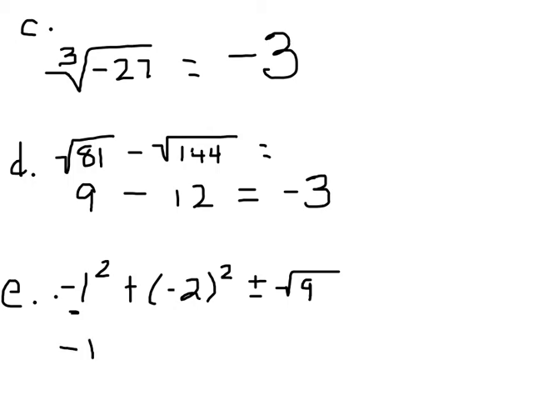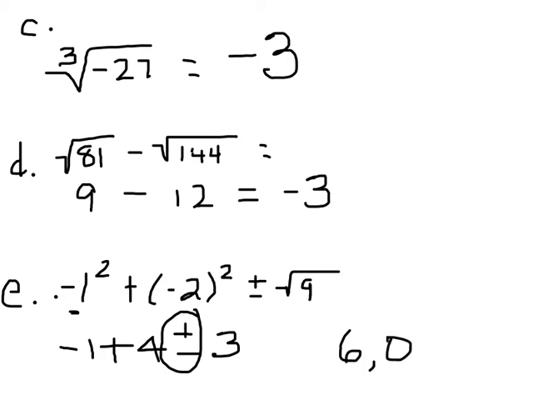So negative 1. Negative 2 squared is negative 2 times negative 2, which is positive 4. So negative 1 plus 4, and then plus or minus the square root of 9, which is 3. So when you see this plus or minus, that means you're going to have two answers. Negative 1 plus 4 is 3. 3 plus 3 is 6. 3 minus 3 is 0. So your two answers are 6 and 0.